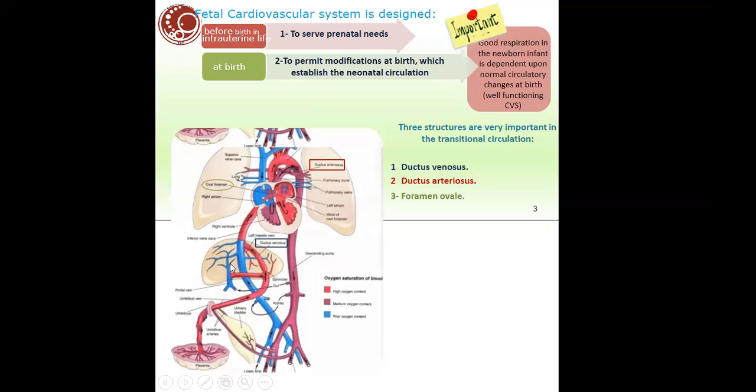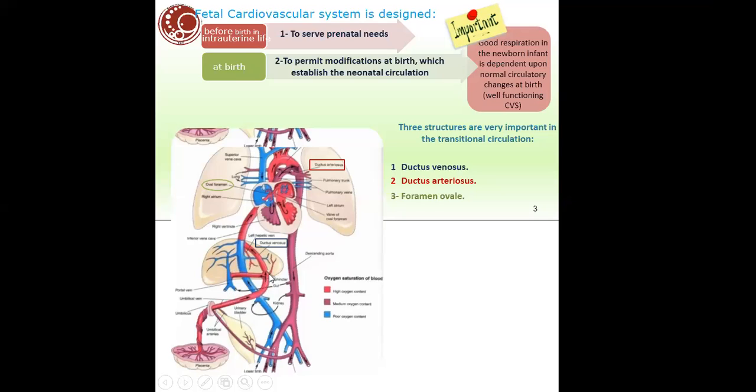That means the oxygenated blood has been brought to the liver, where it will fulfill the requirements of the growing liver, and then it will return to the inferior vena cava.